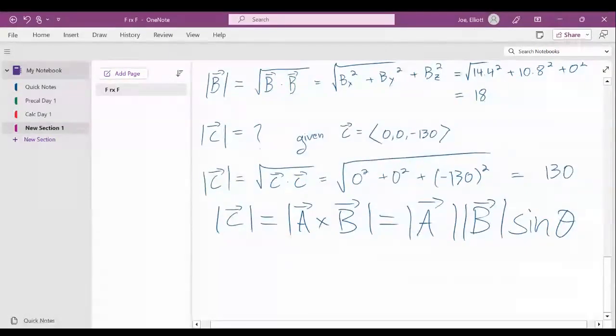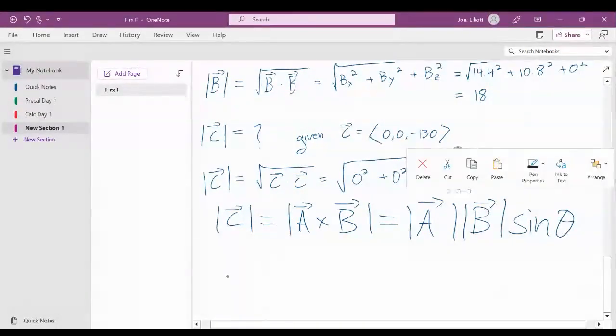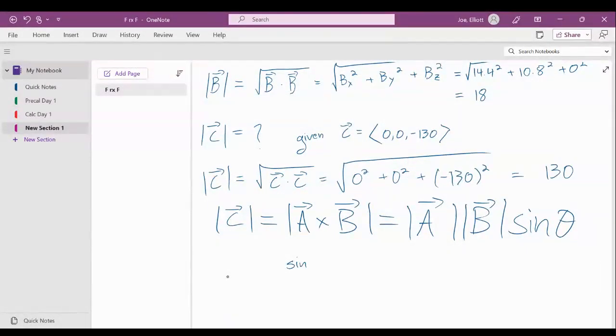Okay, well, I think one way we can go about this is we know that sine of theta equals the magnitude of C over A B. And I guess we can just go ahead and make that a sine inverse at this point.